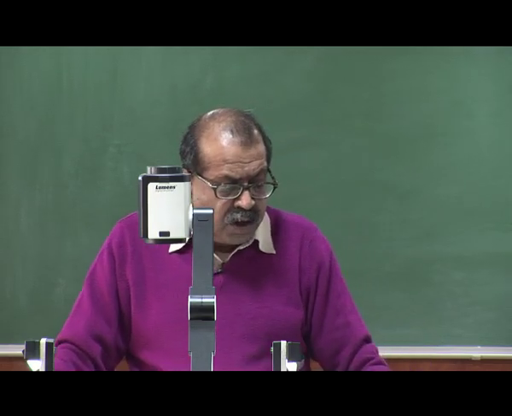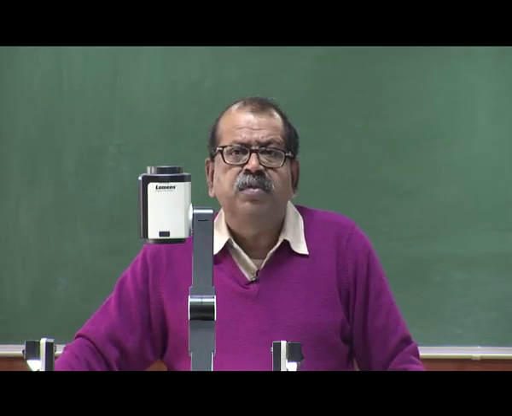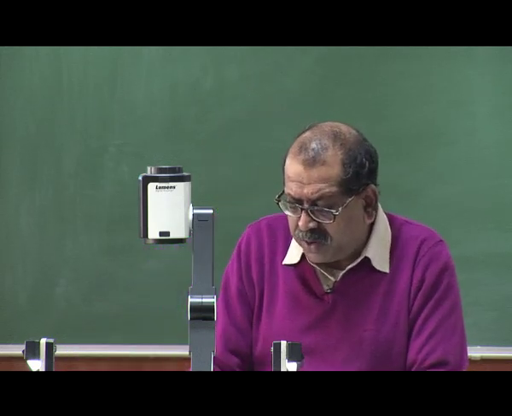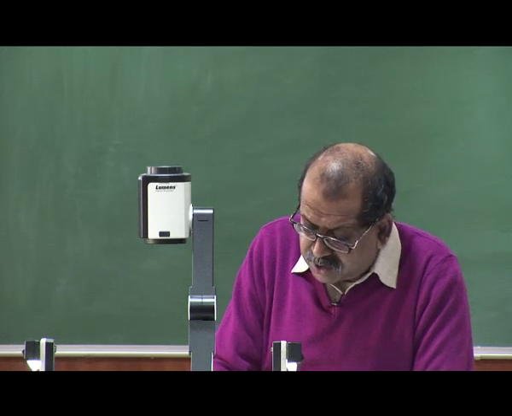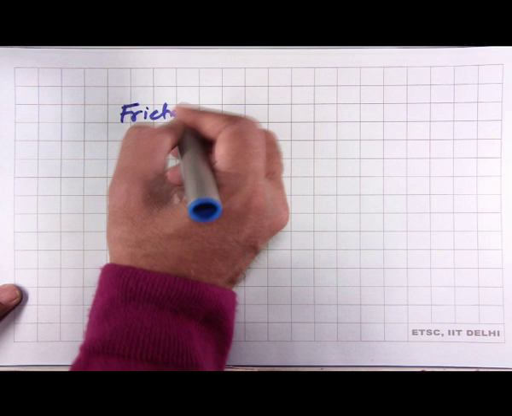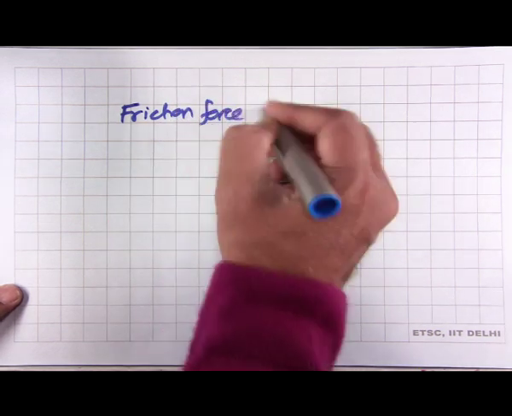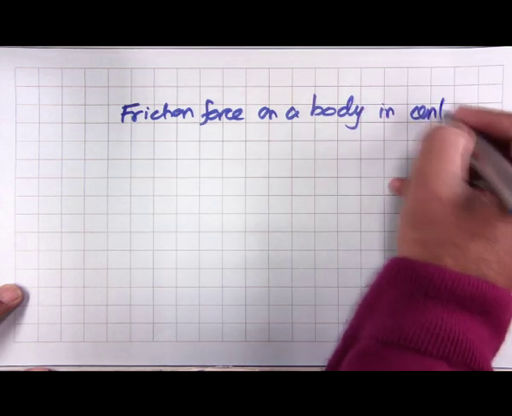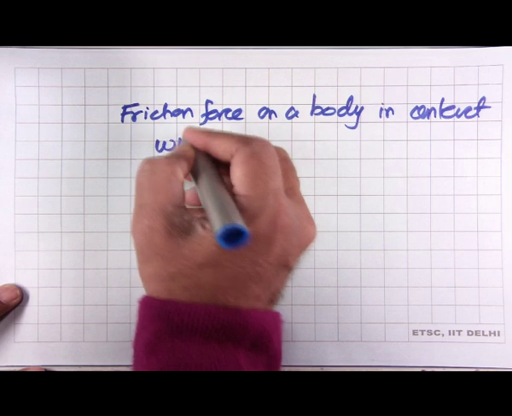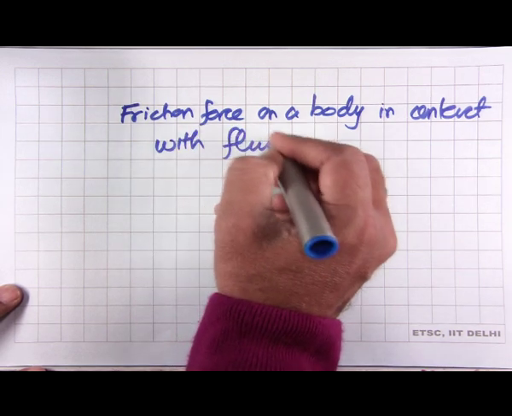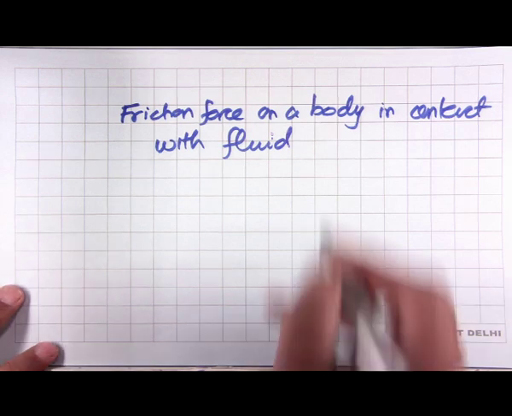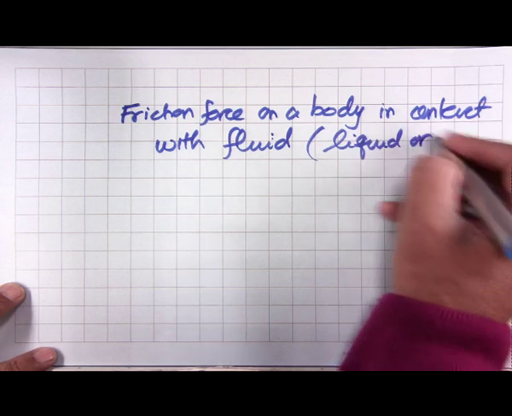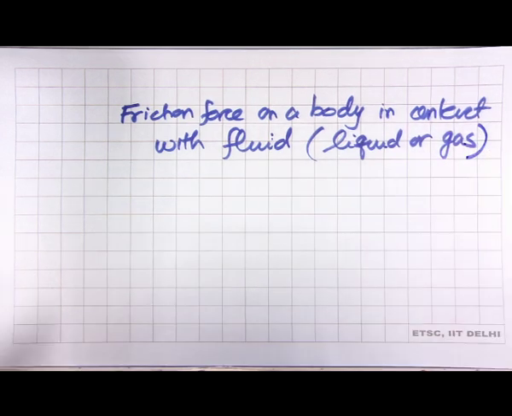Now, we have seen some of these problems of circular motion. Let us briefly look at a topic: what happens when we have friction force on a body which is in contact with a fluid, and by fluid we mean it could be a liquid or a gas.